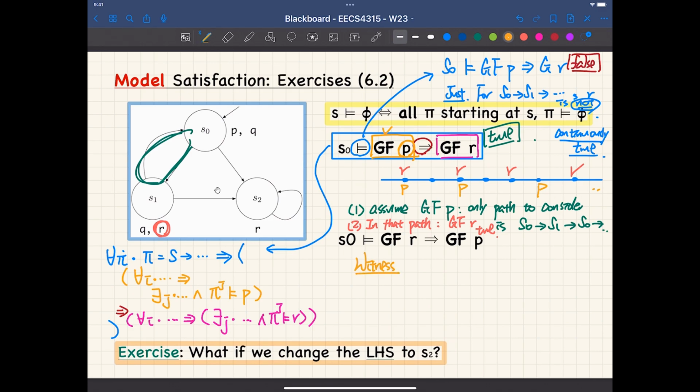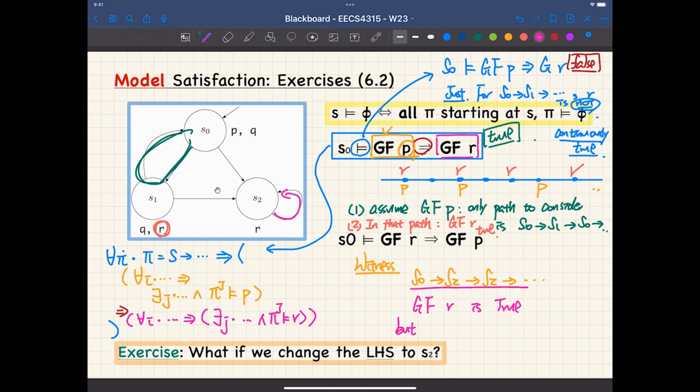All right, that's all good. So we have S0, S2, S2, dot, dot, dot. And then you can see that for this path over here, GFR is true. That was obvious because of R over here.